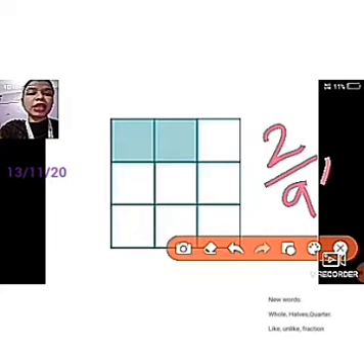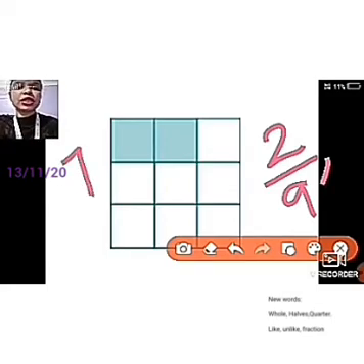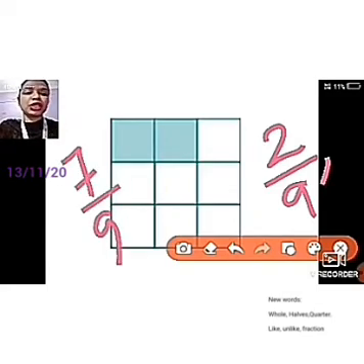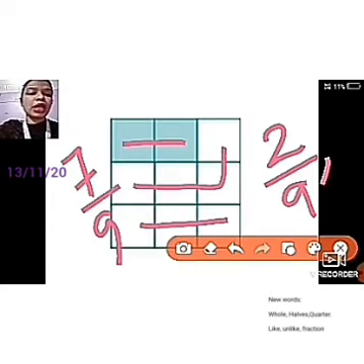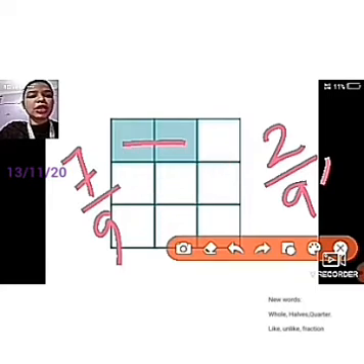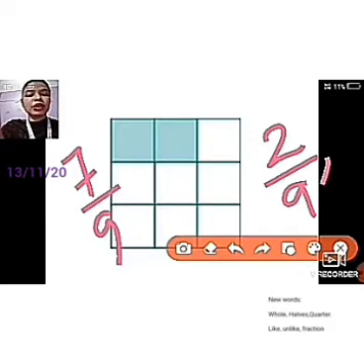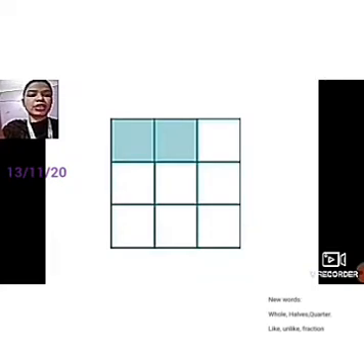For the unshaded parts, 1, 2, 3, 4, 5, 6, 7. So 7 by 9 is the unshaded part. 7 plus 2 equals 9, so it is divided into 9 equal parts. So in terms of fraction, I can write the shaded and unshaded parts.